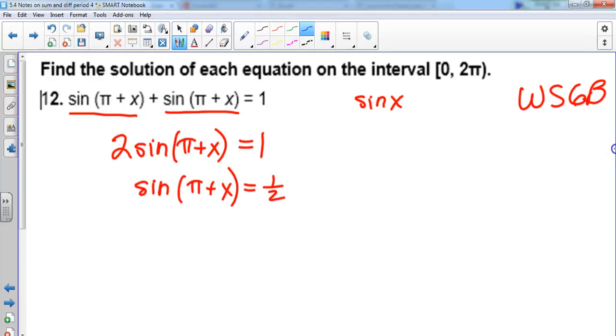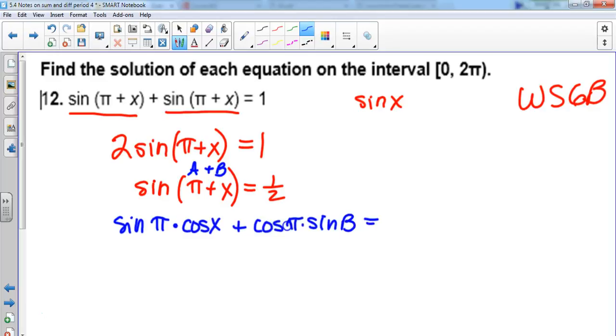Now, go to your gray sheet and tell me what the sine of a plus b expands to. Sine a cosine b, which in our case is x, plus cosine a, which is pi, times sine of b, which is x. Okay, what do you think we should do next?